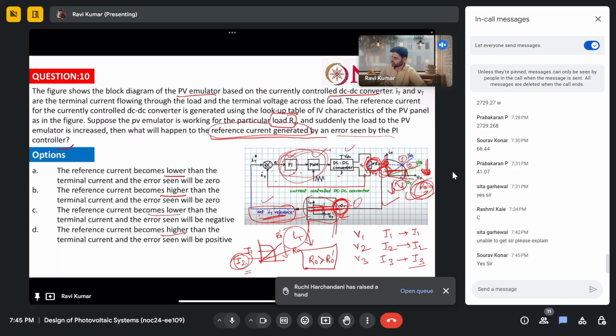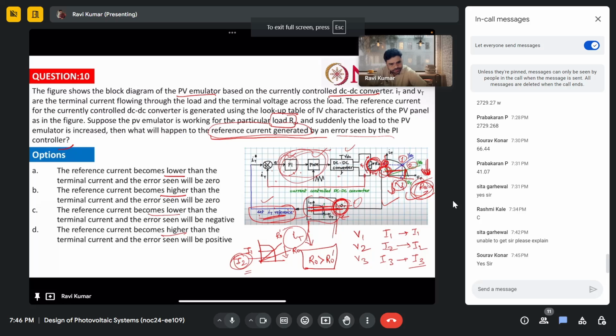So if R naught is increasing, yes, Ruchi. Sir, I have a doubt. If the load is increasing, that means the load resistance will decrease, no? No. Resistance. And suddenly the load to the PV emulator is increased. Yes, that is 1 by R naught. Then the current will increase, the reference current will increase and the error becomes positive.